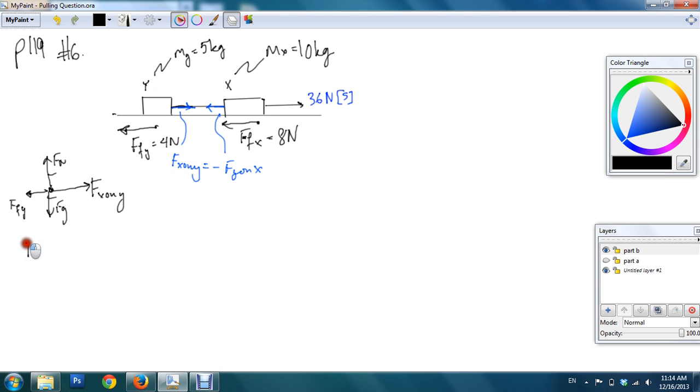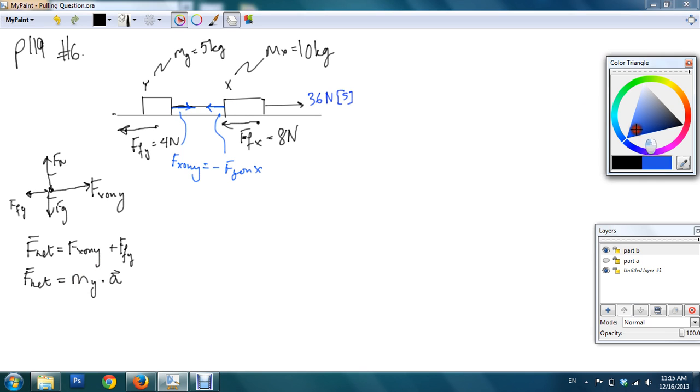So the net force on Y is the sum of all forces: Fx on Y plus friction on Y plus Fg and Fn, but those are 0. And we also know, due to Newton's second law, that the net force is the mass of Y times its acceleration, which, as in the last question, is the exact same acceleration as the entire system.